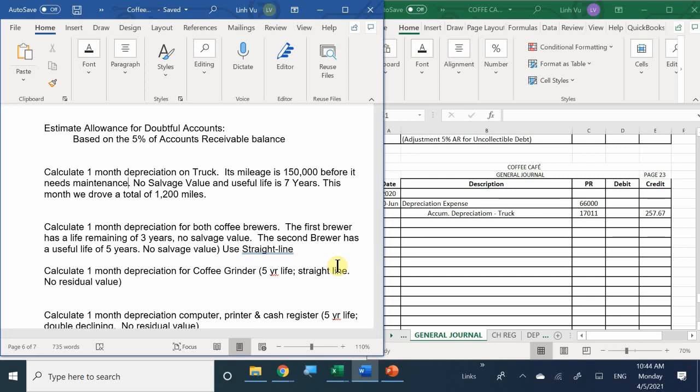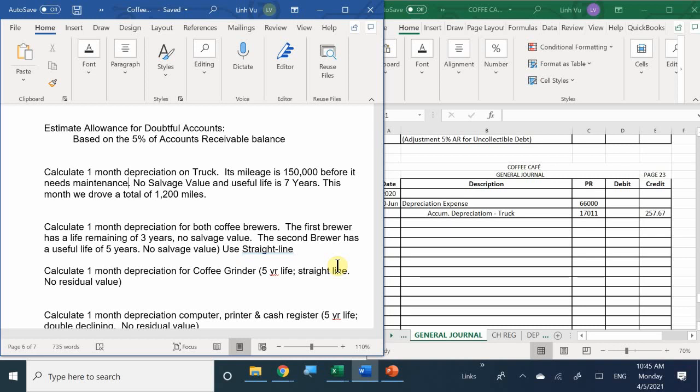We don't know. We just got an estimate that it still can last for 3 more years, no salvage value. And then the second brewer, we purchased brand new from Hallie Rose. It's got a total useful life of 5 years with no salvage value. And here I give you use straight line.